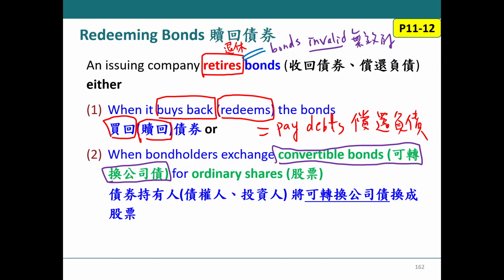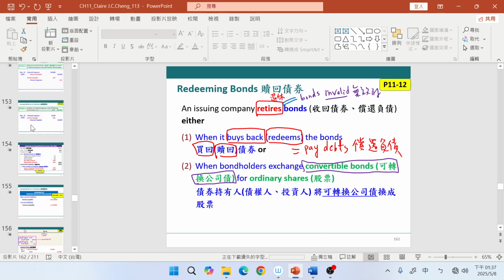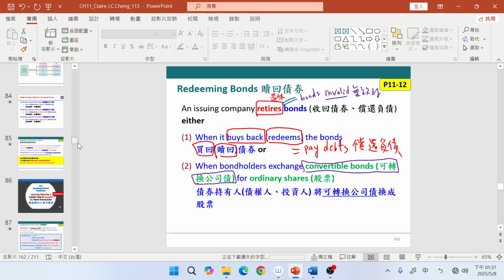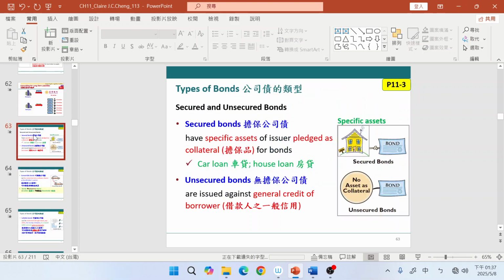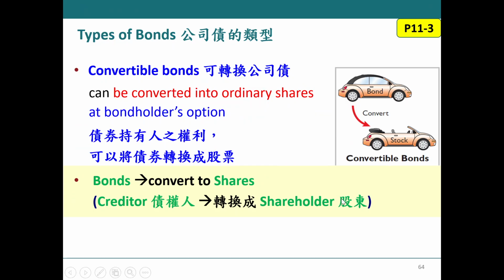Remember that? In case you forgot, it's on slide page 64. Remember? We mentioned it. Convertible bond, 可转换公司债.